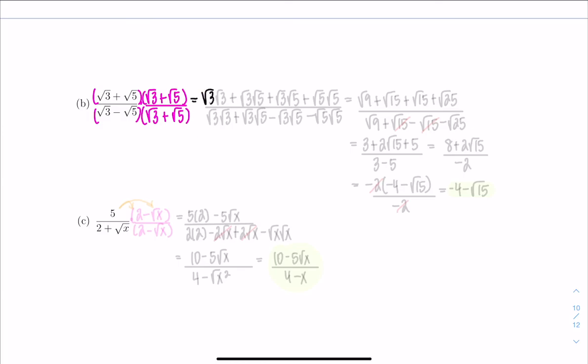So we got the square root of 3 times the square root of 3 plus the square root of 3 times the square root of 5 plus the square root of 3 times the square root of 5 and the square root of 5 times the square root of 5 on the top.